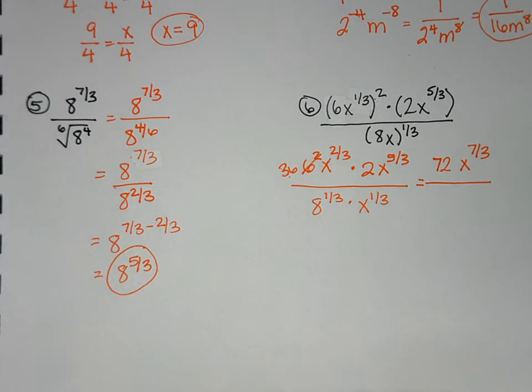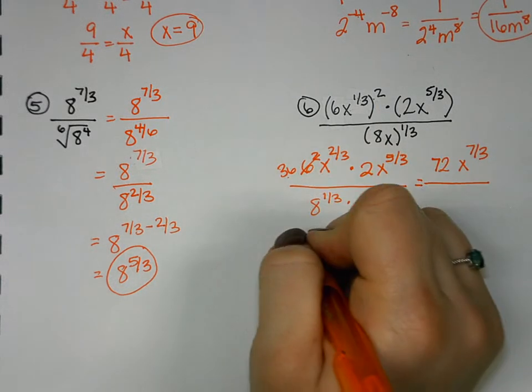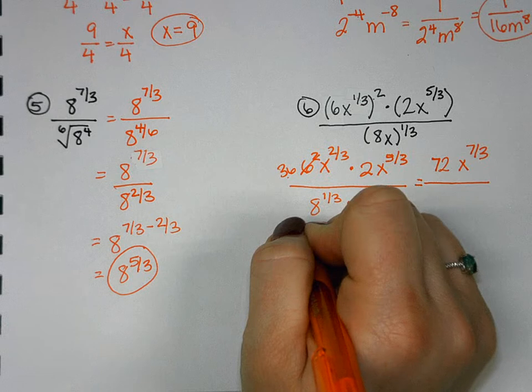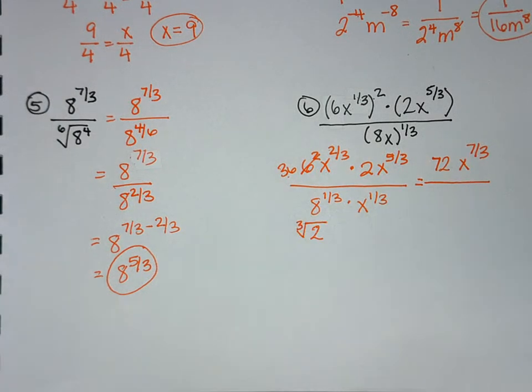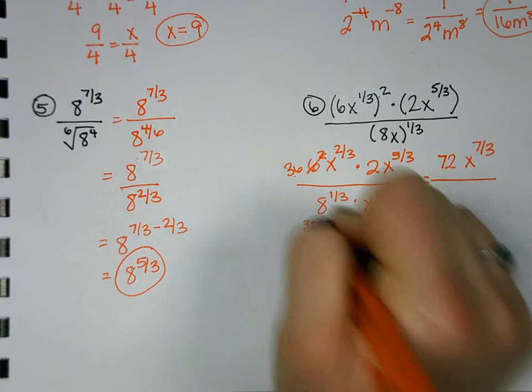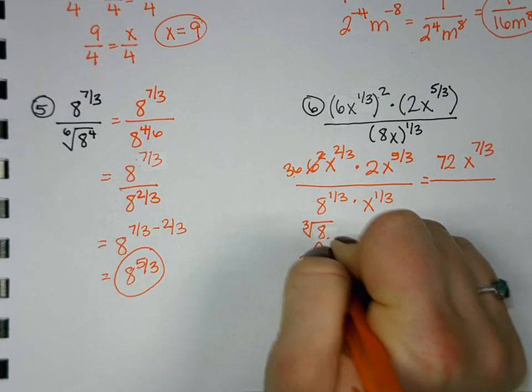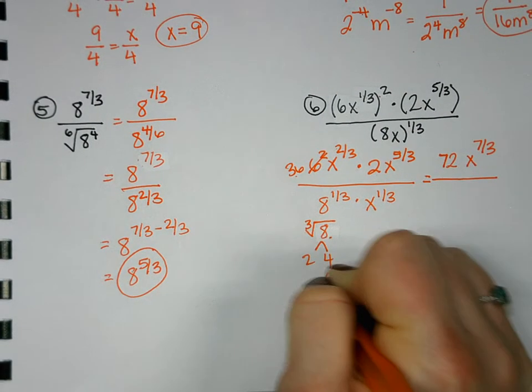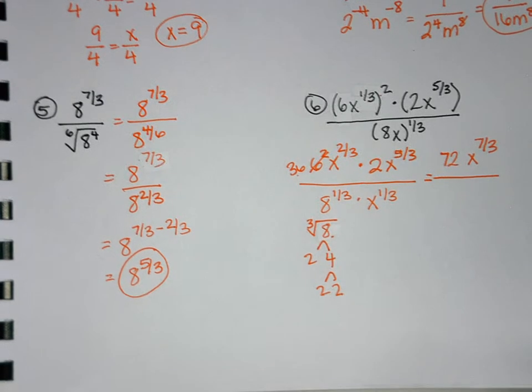Then we can work just with our denominator. Now 8 to the 1/3. I'm actually going to go and write that as a radical because I can simplify it if it's a radical. Whoops. Not 2, 8. So if we break this down, 2 and 4, 2 and 2, do we have a group of 3 things?